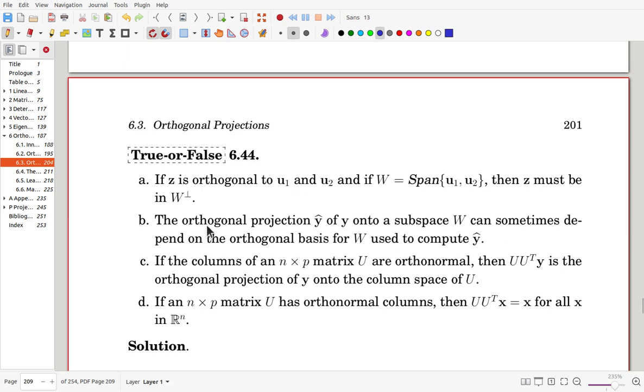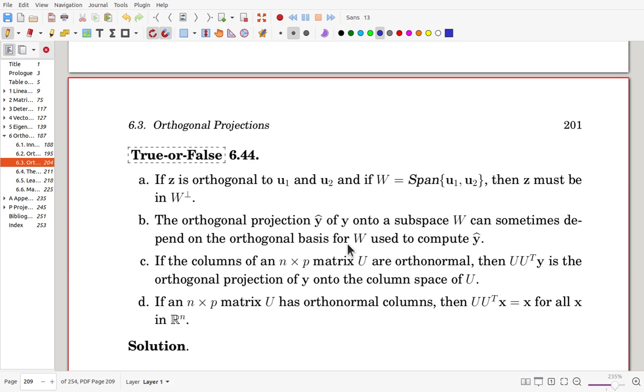The orthogonal projection y hat of y onto a subspace W can sometimes depend on the orthogonal basis for W used to compute y hat. Part B is asking if the projection can be different when you choose different orthogonal bases for a subspace.